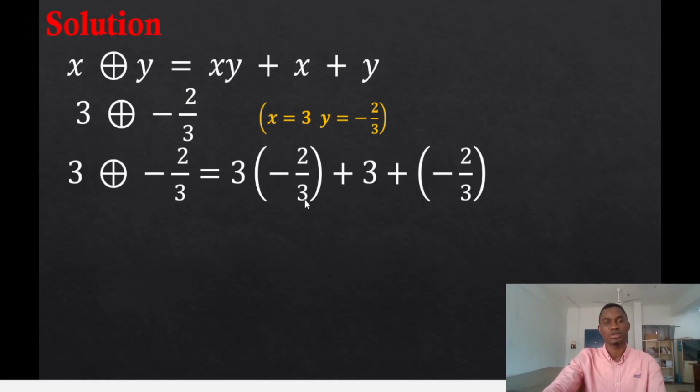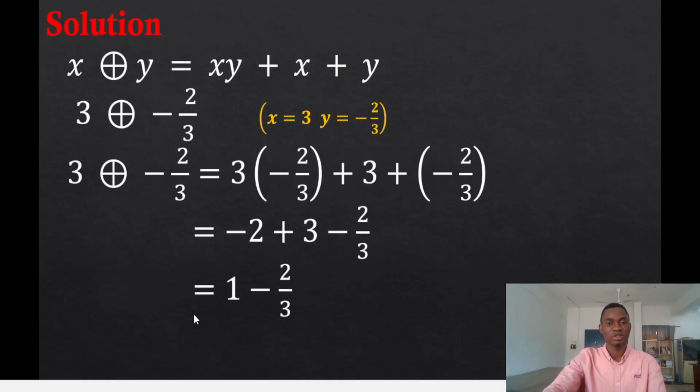These 3 will cancel 3, so we'll have minus 2, then plus 3, then we'll bring down our minus 2 upon 3. Minus 2 plus 3 is what? 1. We still have minus 2 over 3. Then we'll take the LCM. 3 times 1 is 3. 3 minus 2 is 1. So we have 1/3.